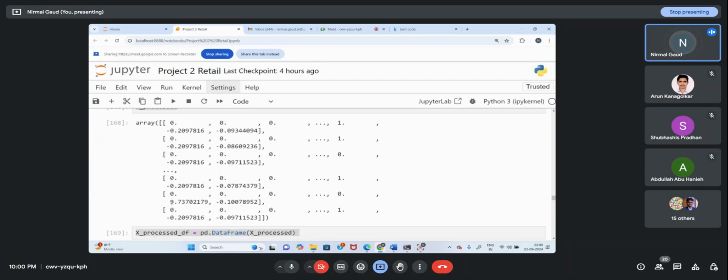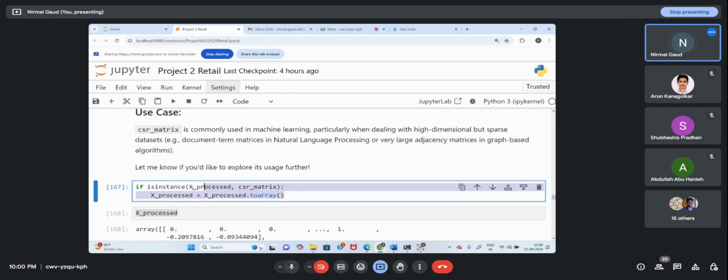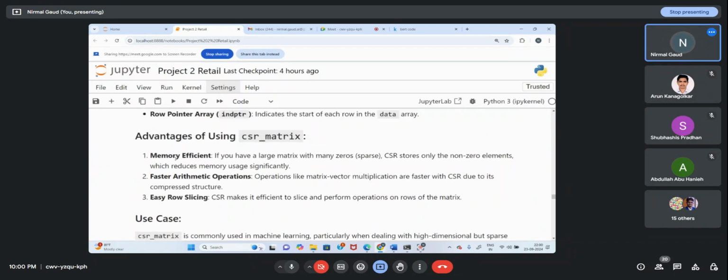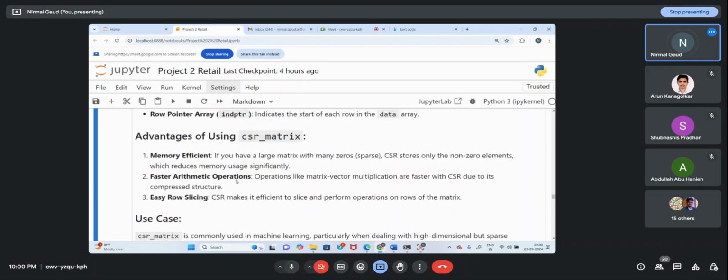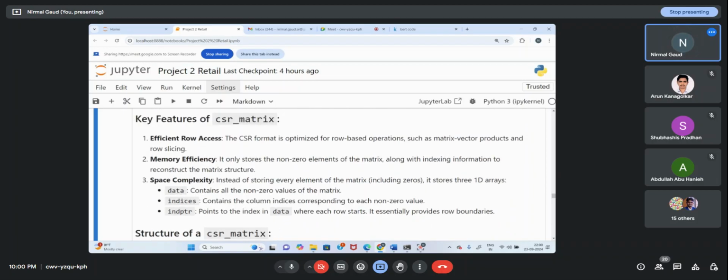So what I found is that we tried to apply the technique of CSR to reduce the sparsity in the data. As per the definition, it is memory efficient with faster arithmetic operations. Ultimately it's an optimization technique, an optimization for row based operation.